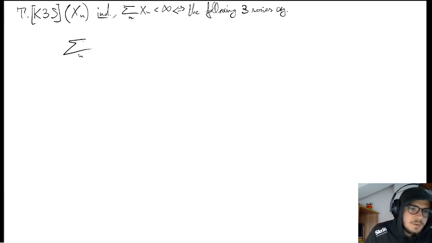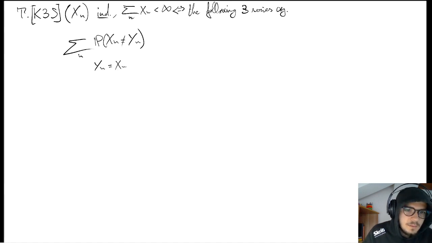The sum over n of the probability that Xn is different from Yn, where Yn is Xn times the indicator that Xn in absolute value is less than b, maybe, I don't know.